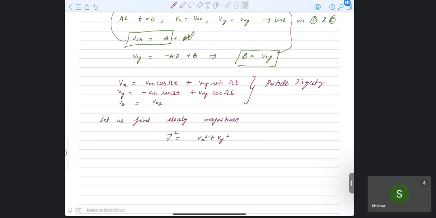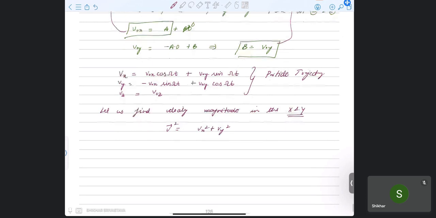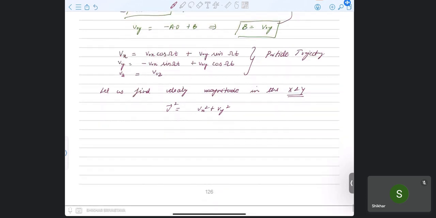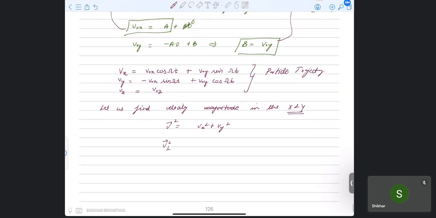Let us first calculate the velocity magnitude in the xy direction, the plane where it is oscillating. You can also call this the perpendicular velocity, because this is taking place in the xy plane, and the xy plane is perpendicular to z, which is the direction in which the magnetic field is applied.